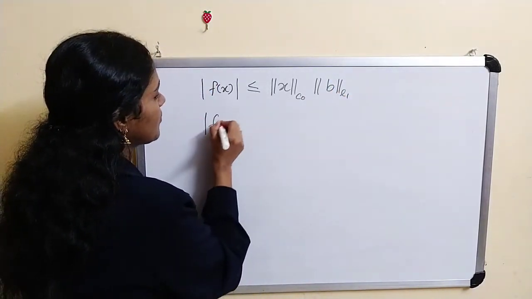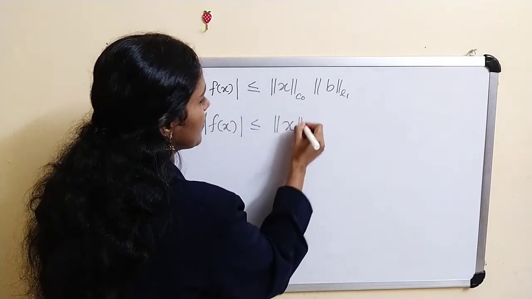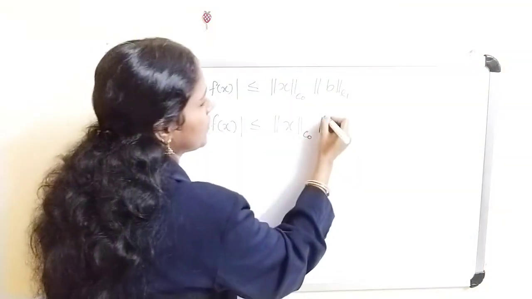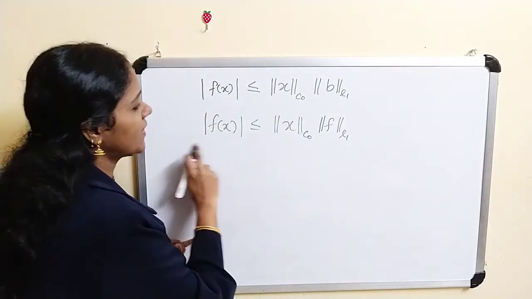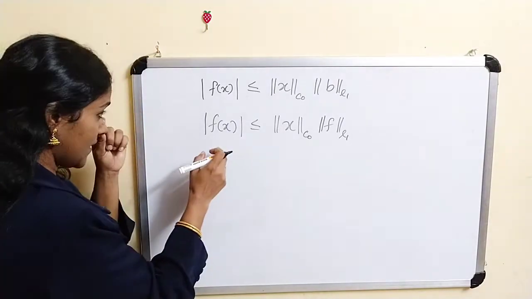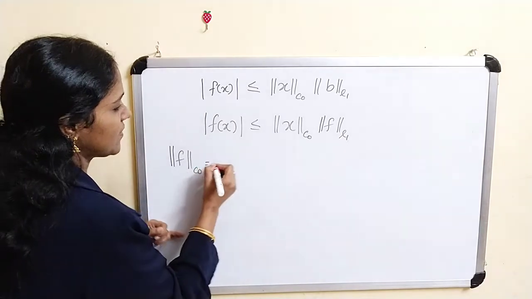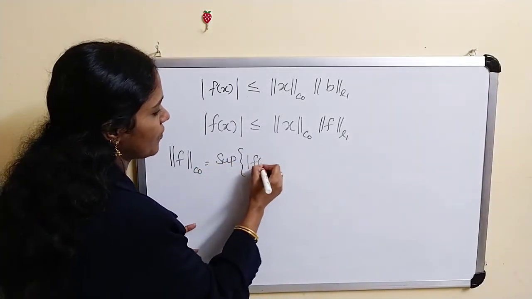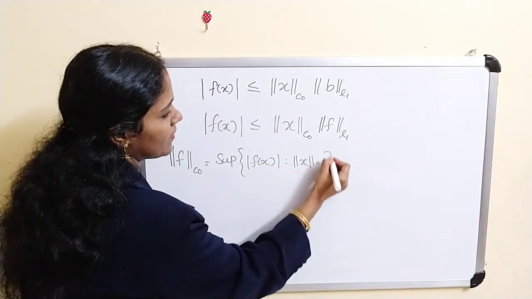And this is the same as mod f of x less than or equal to norm of x in C0 times norm of f, here the L1 norm. Okay, and if you consider norm of f in C0, this is equal to the supremum of modulus of f of x such that norm of x equal to 1.